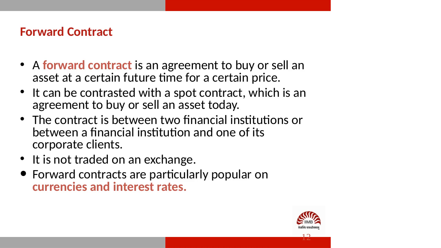Now, forward contracts are typically very popular on interest rates and currencies. They are not so popular on equity. Can it be done on equity? The answer is yes, it can be done on equity, but it is not as popular on equity as it is on some of the other things.